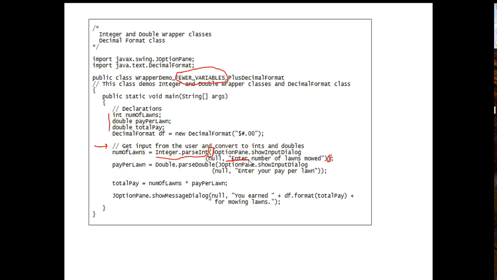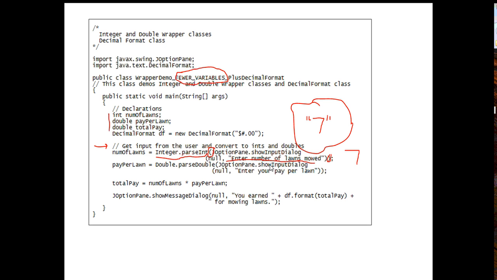It asks, enter the number of lawns mowed. The user is going to type 7, let's say, but of course, it'll be a string. After they click OK, as a string, that 7 will be floating here in Never Never Land. But the Integer class is going to use the parse int method to convert that 7 to a 7.